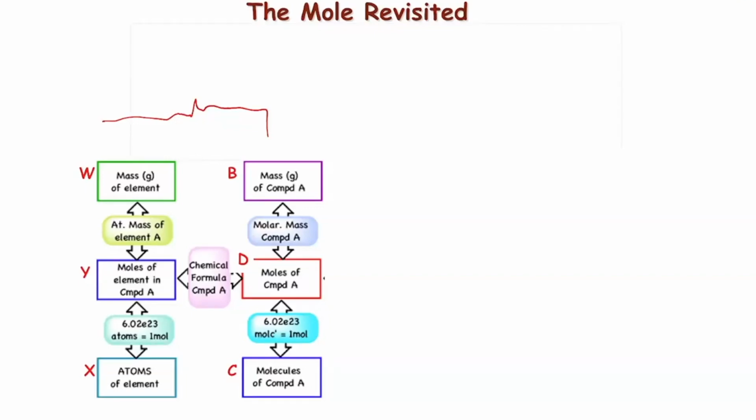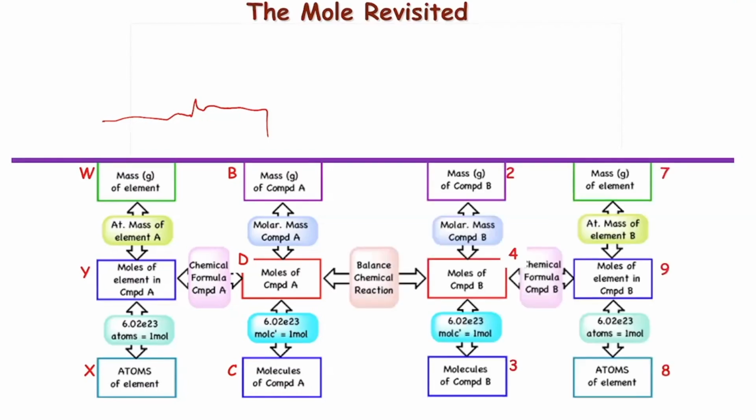But if you have a chemical reaction, then you've got one compound and you need to relate it to a different compound. And the way they're related is through the balanced equation. You use the coefficients in the balanced equation to relate how one chemical is related to another.